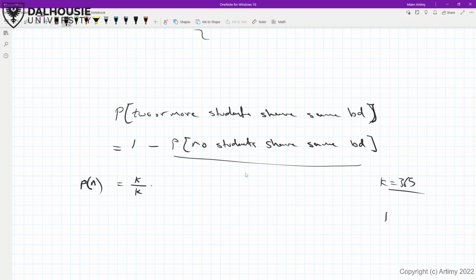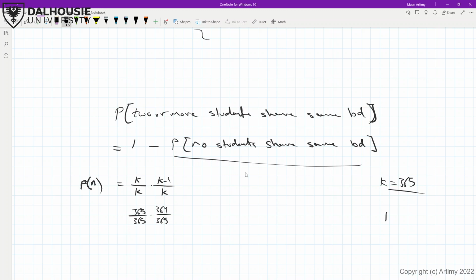So the probability of the student not sharing a birthday with the first student is k minus 1 over k, or I can write it as 365 over 365 for the first case, and the second case is 364 over 365.